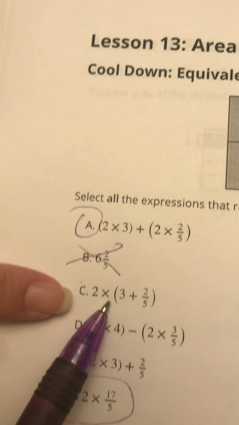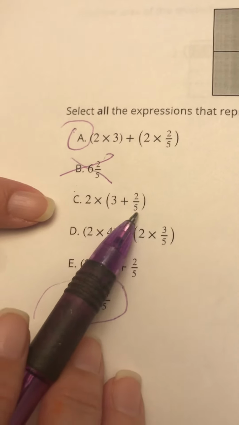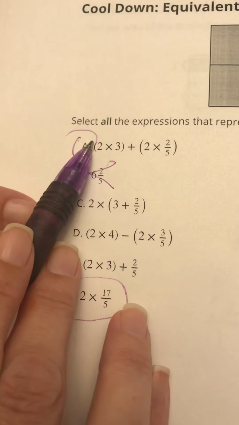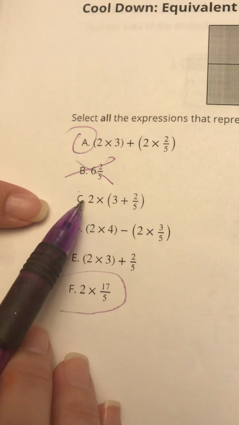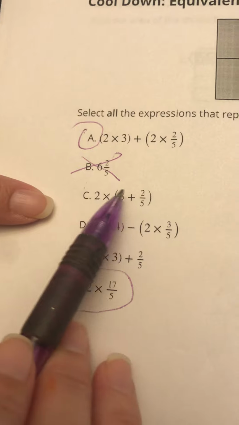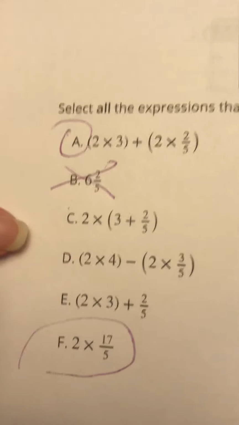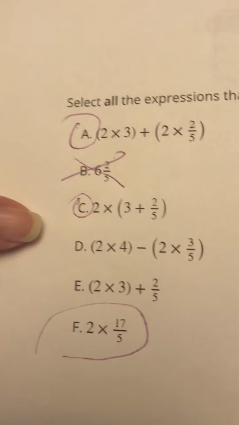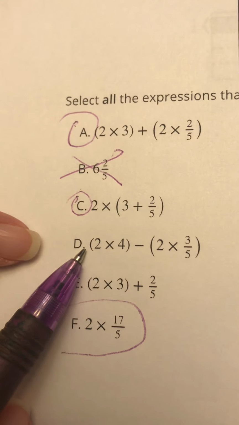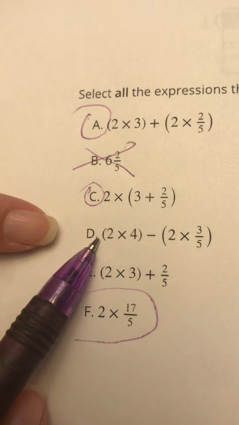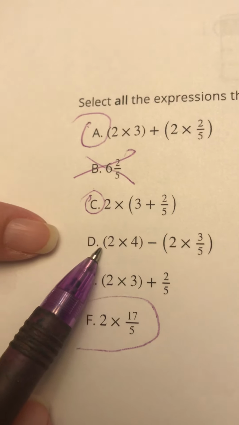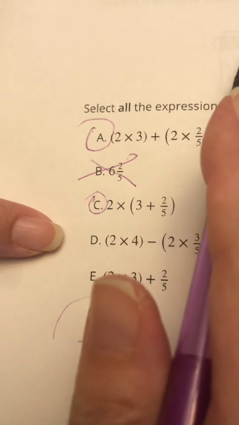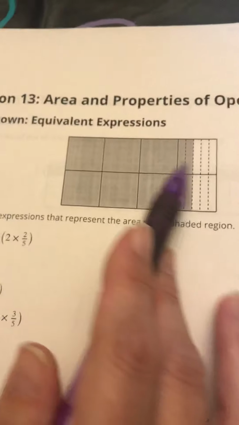And then 2 times 3 plus 2/5, that's the same as A, because we would multiply the 2 times the 3 and then the 2 times the 2/5. So C also works. And then one that we don't do a whole lot, but this one will also work, D, if we multiply 2 times 4, like we're thinking of this as being completely shaded in across here.